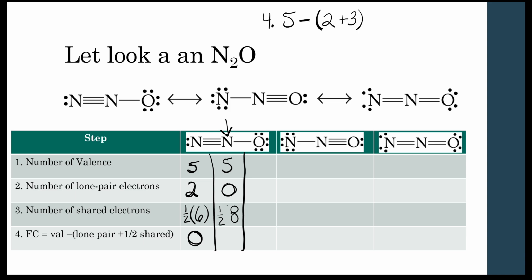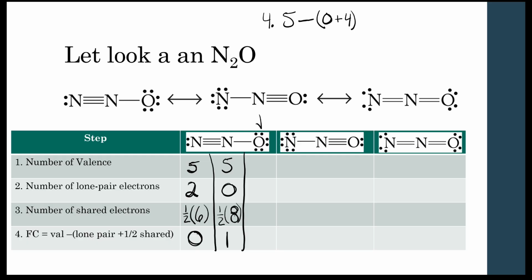And then again, eventually we're going to take half of that. So up here at the top, we're going to have 5 valence minus number of lone, which is 0, plus half of the shared. So that would be 4. So 5 minus 4, it's got a formal charge of 1.